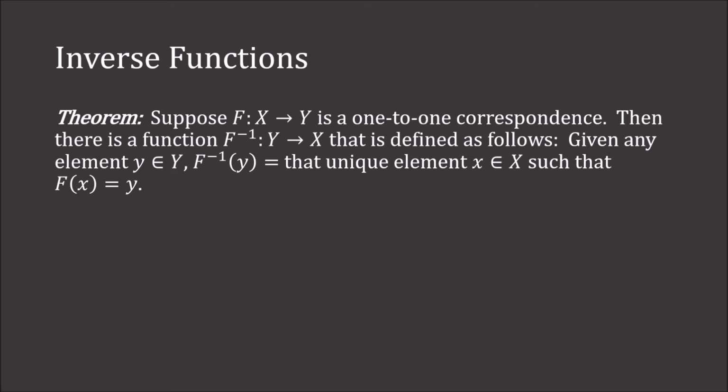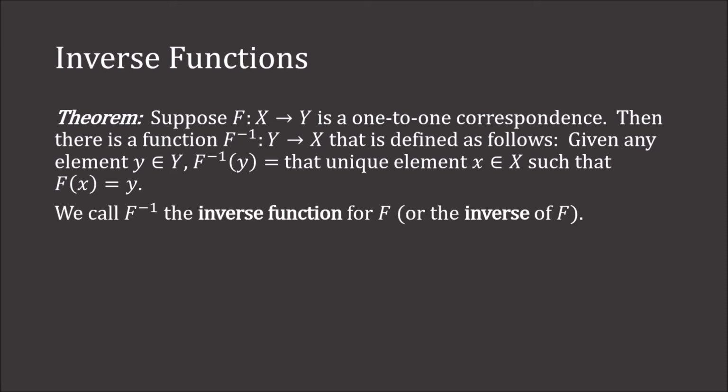Now, we're guaranteed that such an x exists because f is onto. We're guaranteed that it is unique because f is one-to-one. We call this function the inverse function for f, or more simply, the inverse of f.